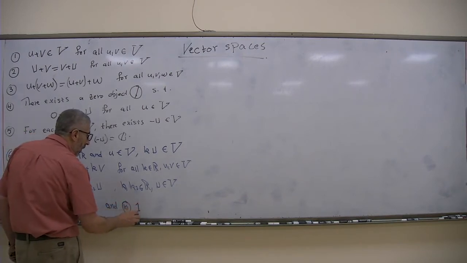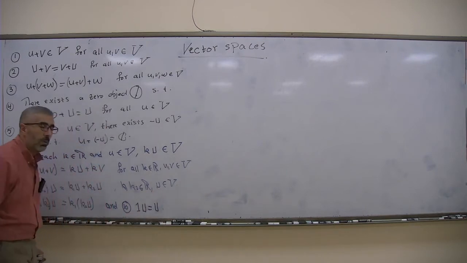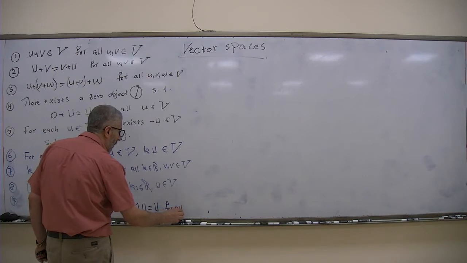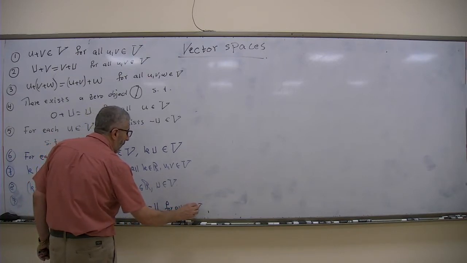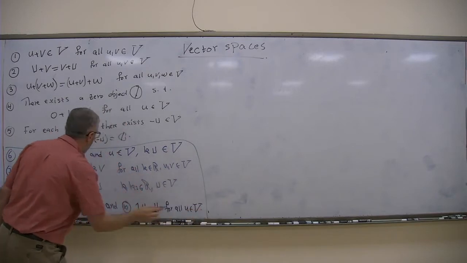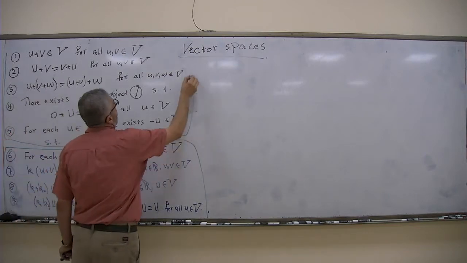the scalar 1 multiplied by the vector u should be u for all u belongs to V. So as you can see here, those 5 are related to the multiplication by scalar, and those 5 are related to the addition of vectors.